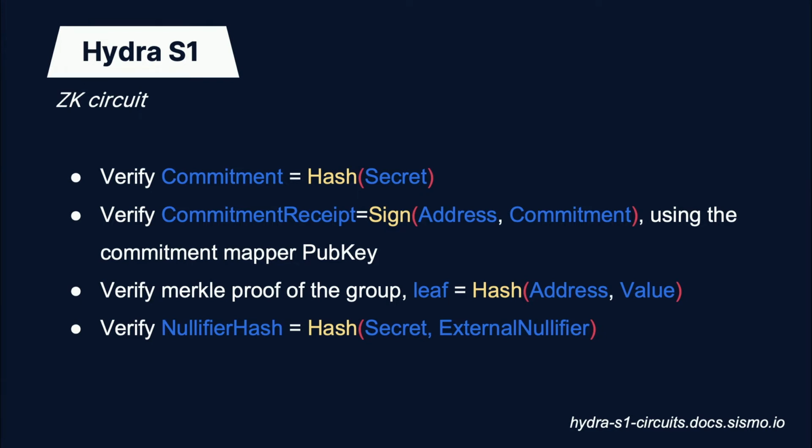And then we will verify that the address is part of the group and the address is well owned by the owner of the secret. And finally, we compute the nullifier hash like Semaphore, with the hash of the secret and an external nullifier. So we have the same structure, with the secret that proves you own the commitment and then the address, and the secret that allows computing a nullifier hash.